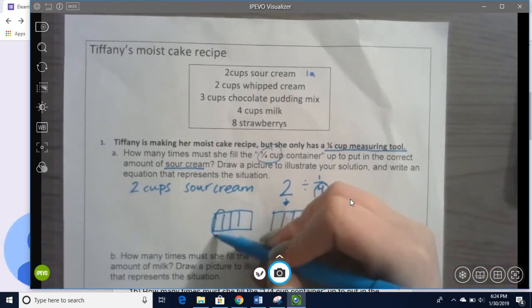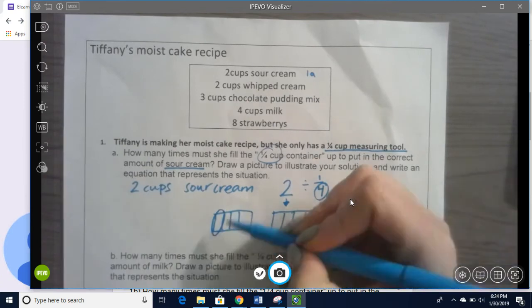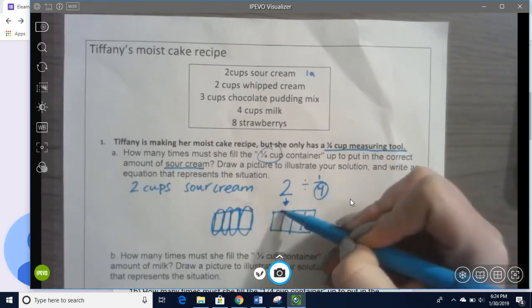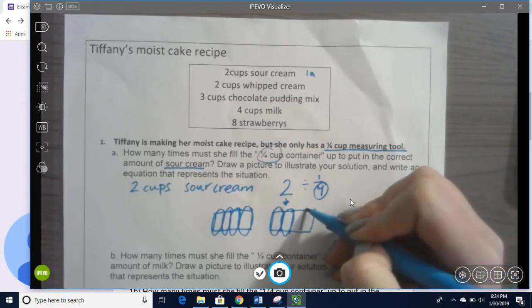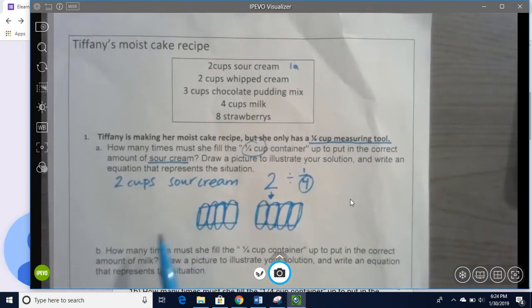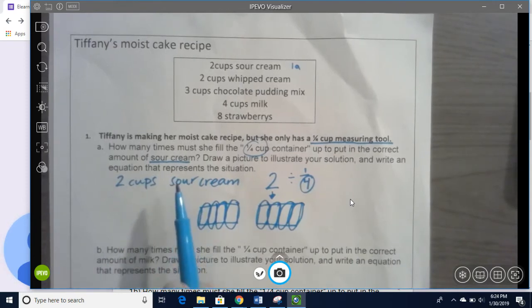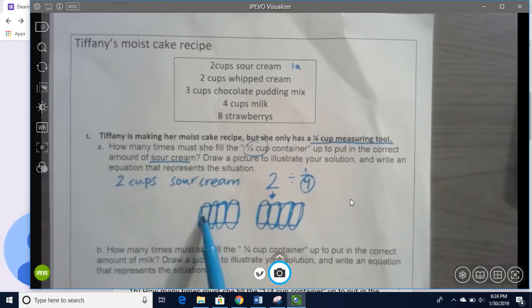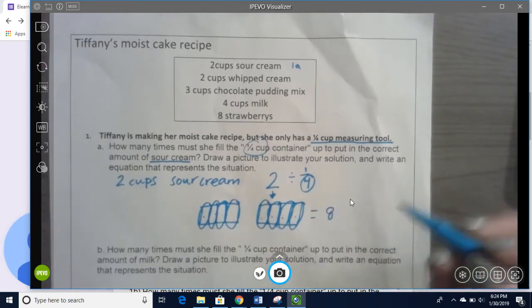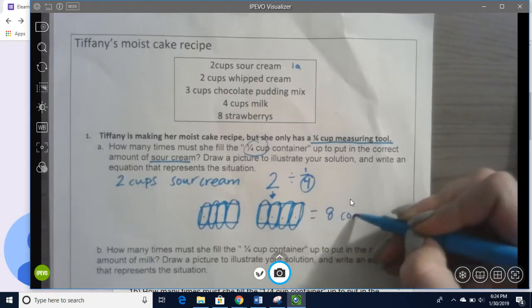So there's a container, there's a container, there's a container, and some more containers. All right, so how many containers of sour cream will we need for this recipe? 1, 2, 3, 4, 5, 6, 7, 8. 8 containers.